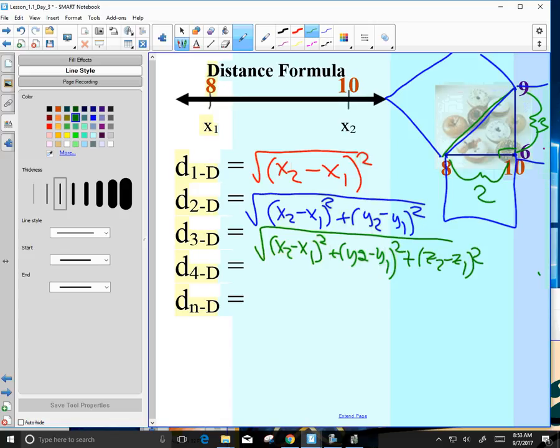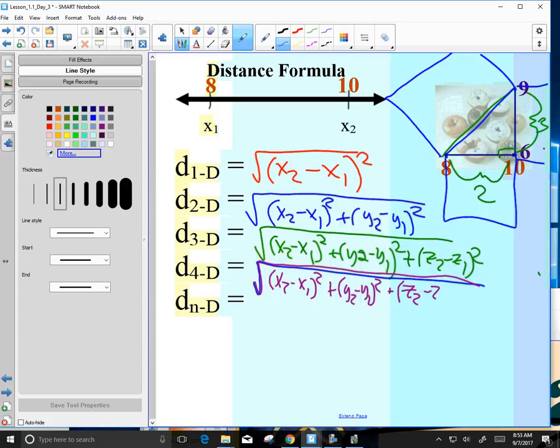I want to go for 4. Let's go for 4. We'll use W for this one. So this is going to be the square root of, what do you think? X2 minus X1 squared plus Y2 minus Y1 squared plus Z2 minus Z1 squared plus W2 minus W1 squared.